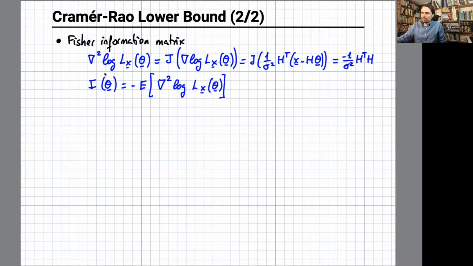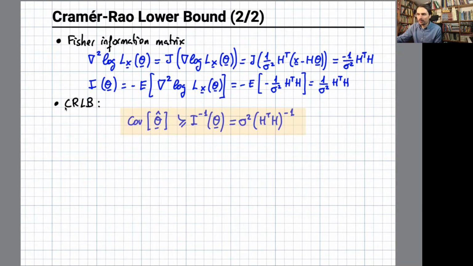The Fisher information matrix is minus the expectation of this Hessian, right? So we can just substitute this here, and since this is deterministic, it equals its own expectation, right? And therefore this is the Fisher information matrix.